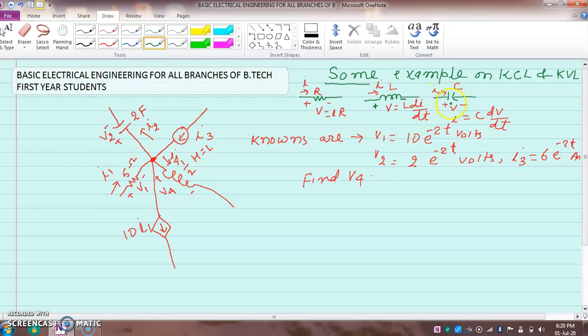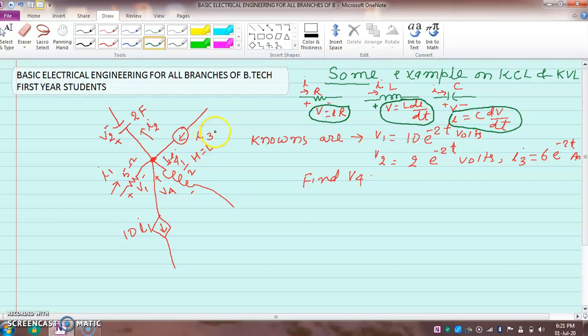And if it is a capacitor, then the current in the capacitor will be I equal to C dV by dt. This is the voltage relation in a resistor. So I have to utilize all these relations to solve this problem.